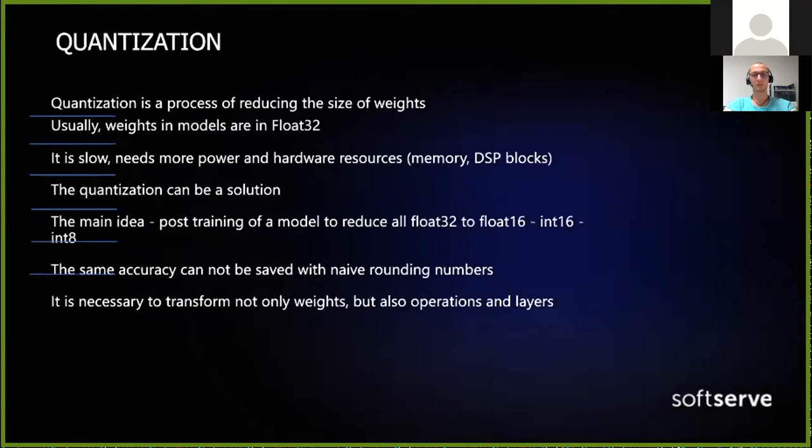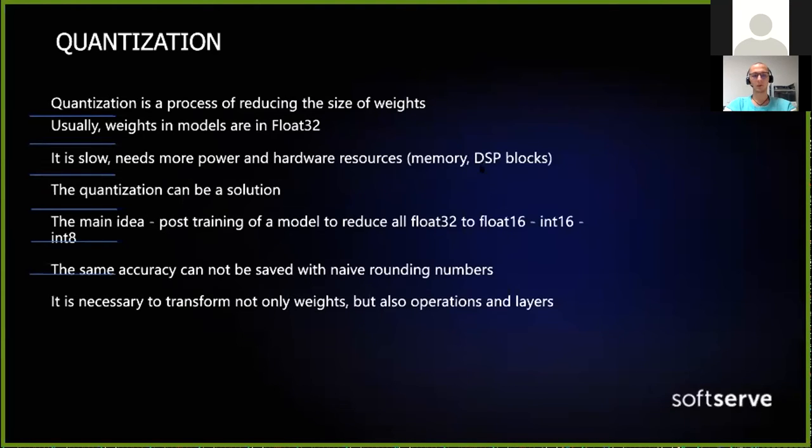What is quantization? A simple model without any changes has only float 32 weights and layers that operate with these float 32 numbers. So let's try to reduce our float 32 to int 8 or int 16 or float 16, because we need a lot of power and a lot of memory to save float 32 numbers and layers.